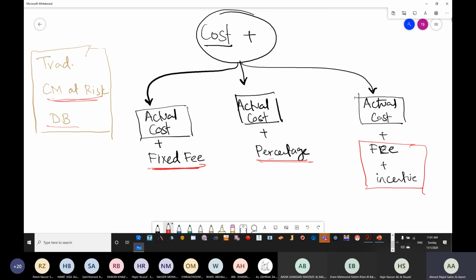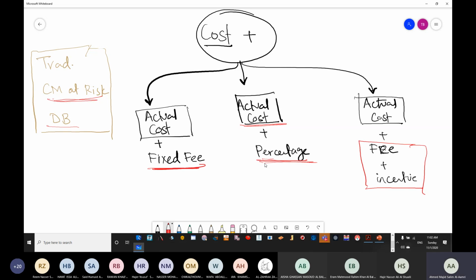When I say a percentage, it means that the value depends on the actual cost. If the actual cost goes up, the value of the percentage goes up. Now, is it better to know it before or is it better to know it later? It's always safer for me to know the value before. Okay, so I'll prepare for it.